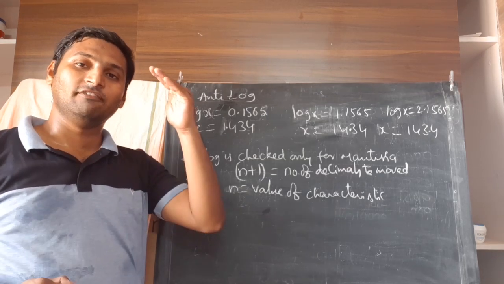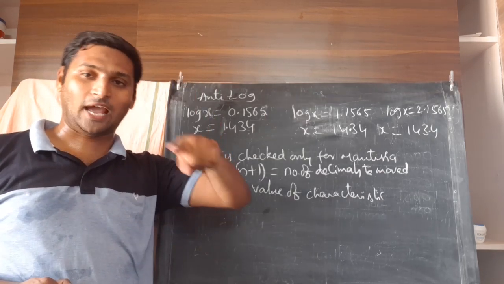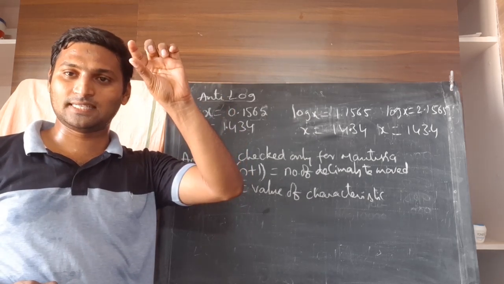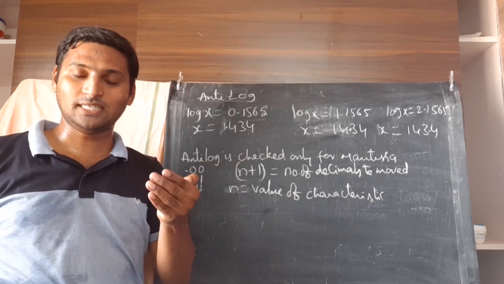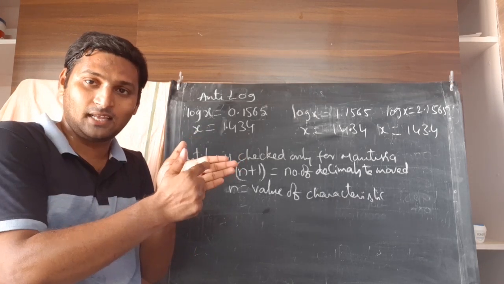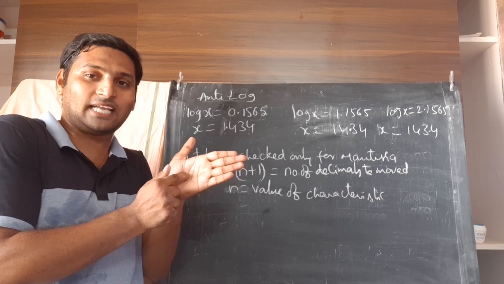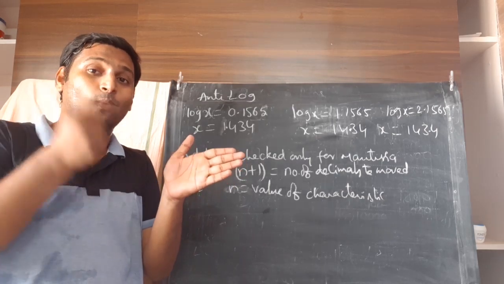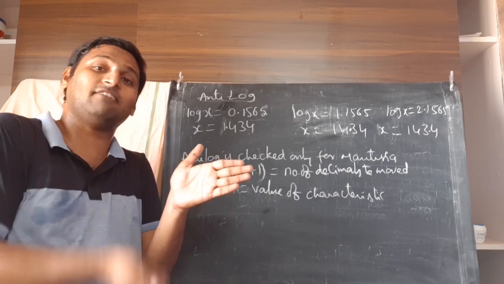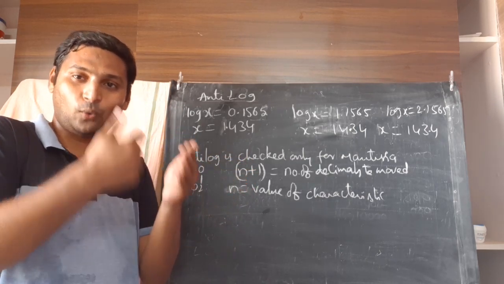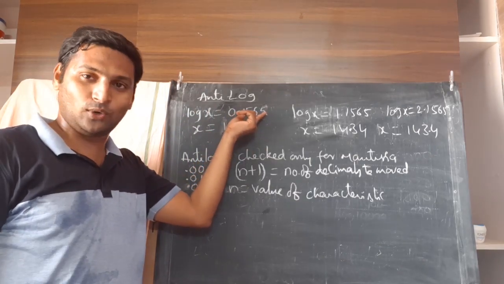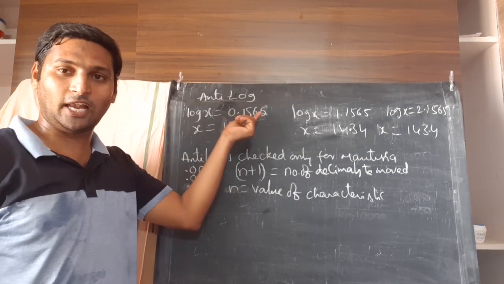So when you check the log table, you use all the 4 digits and you obtain 4 digits. Those 4 digits are written after the decimal as mantissa. Then the characteristic is decided using the formula n minus 1, where n is the number of digits before the decimal. Whereas when you see anti-log, you look up only the mantissa of the given log value.